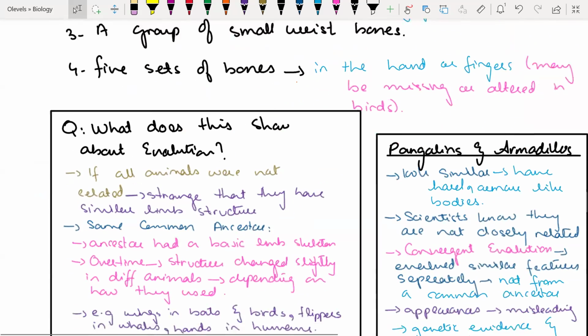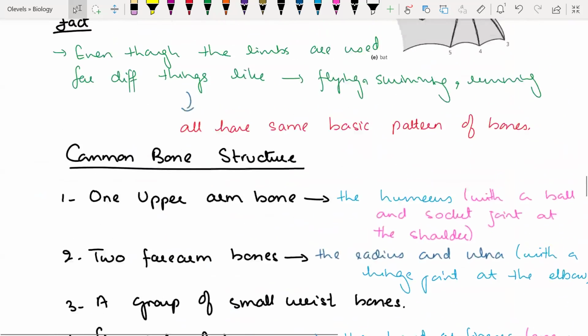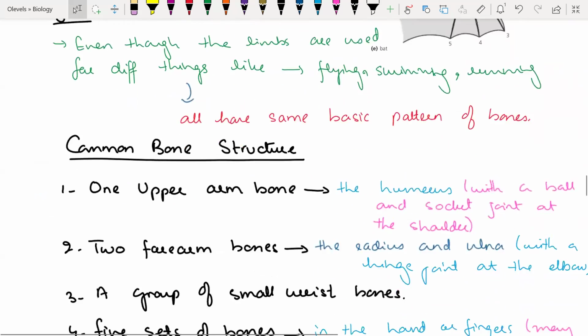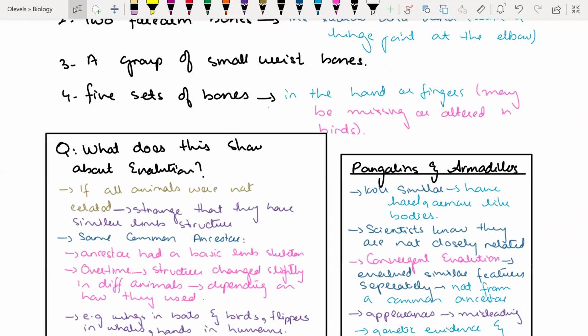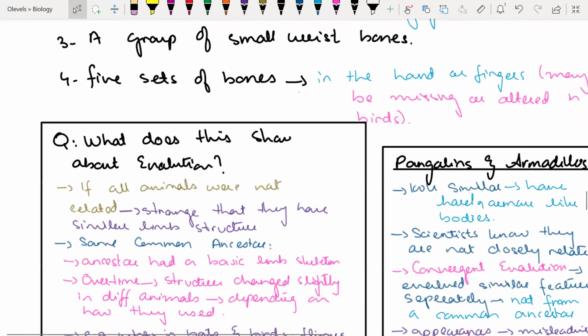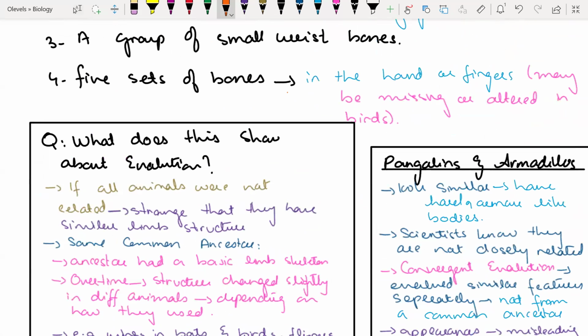As we have studied the patterns of bone, the question arises: what does this show about evolution? If all the animals were not related, it is strange that they do have similar limb structures, right? Why do they have similar limb structures if they are not related to each other?